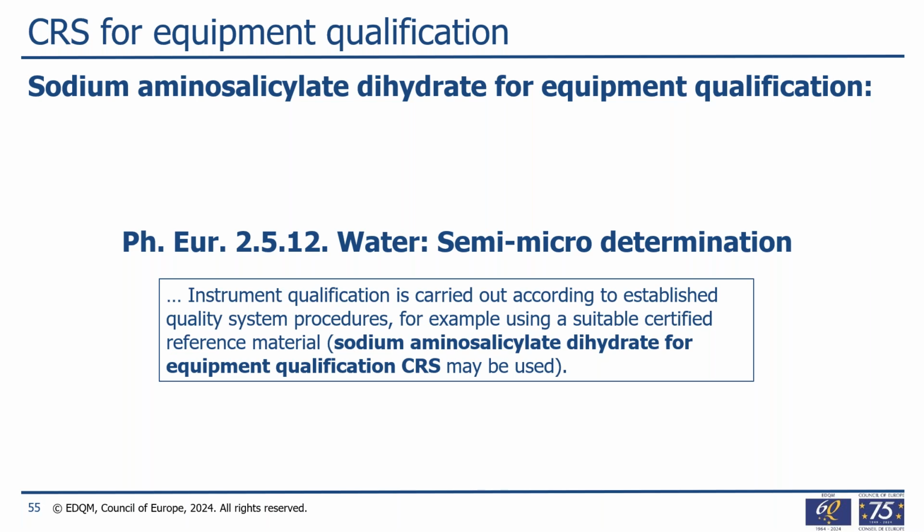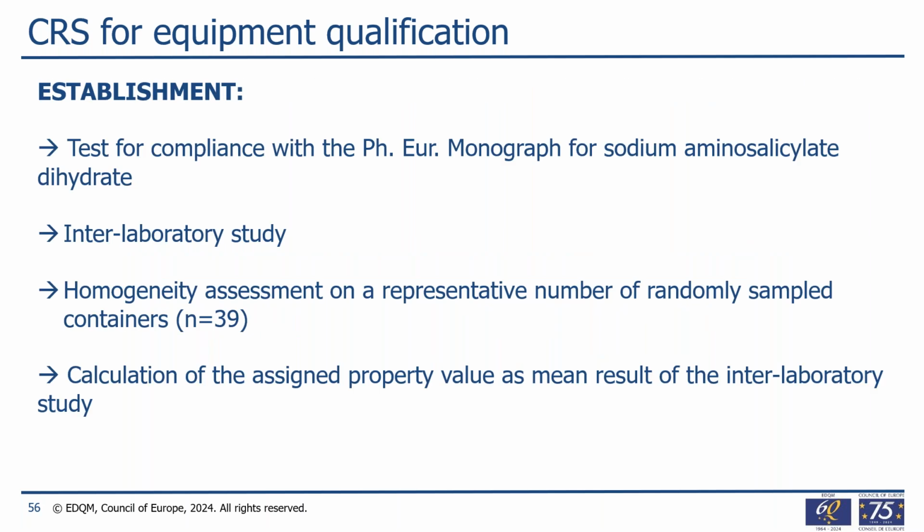And the final example I have is sodium aminosalicylate dihydrate for equipment qualification, which is used, amongst others, in the chapters for semi-micro determination to qualify the instrument. So to establish this reference standard, we first of all verified the compliance with the requirements of the monograph. We performed an inter-laboratory study for the content assignment, and we, of course, verified the homogeneity on a large number of samples.